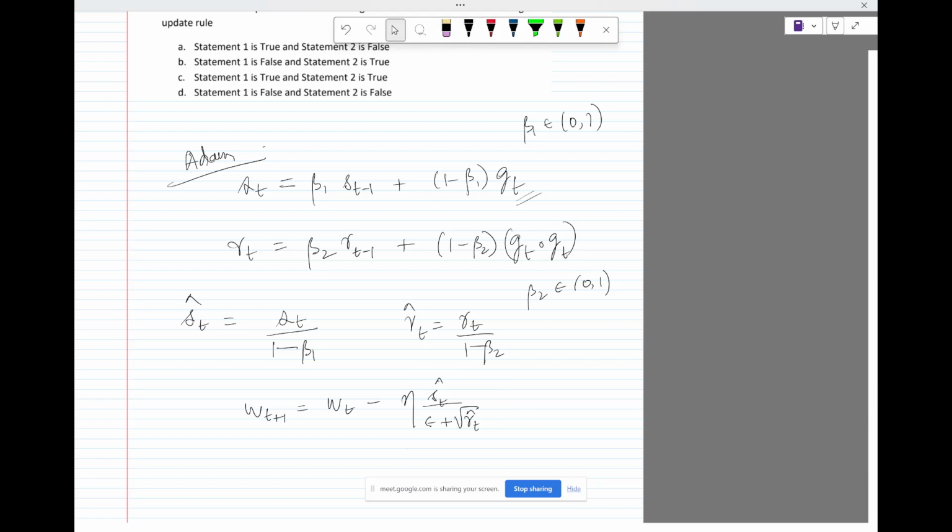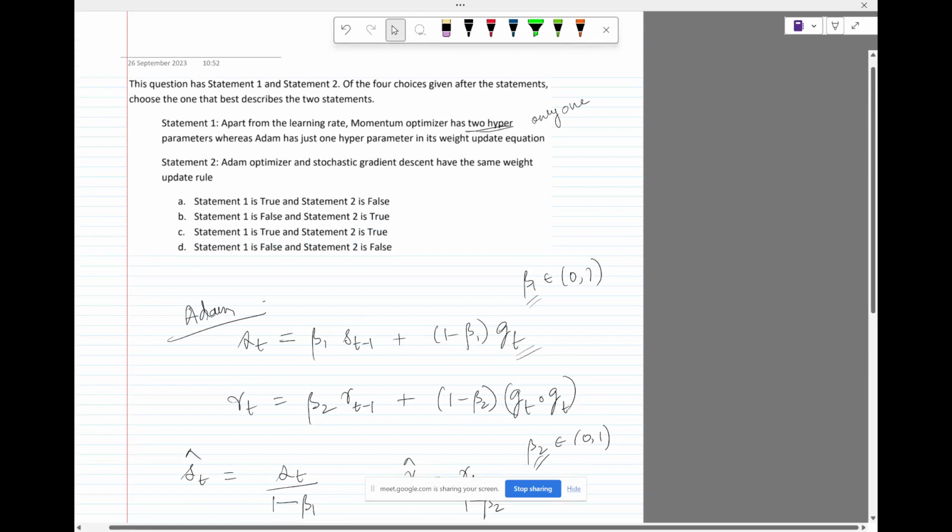And you have three parameters, beta 1, beta 2 and eta, and this epsilon is a very small value which you keep to avoid division by 0. So you can say statement 1 is false because in Adam also you have a lot of parameters to tune.